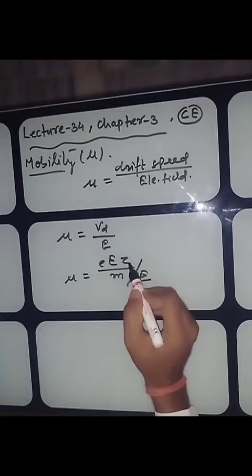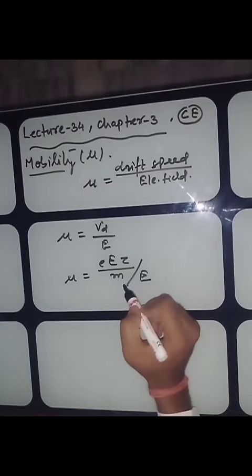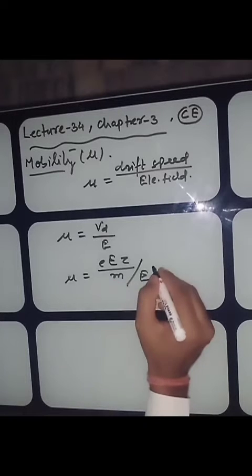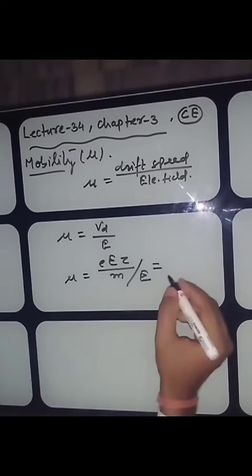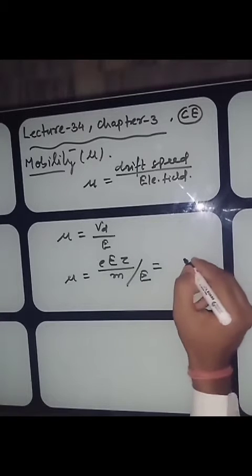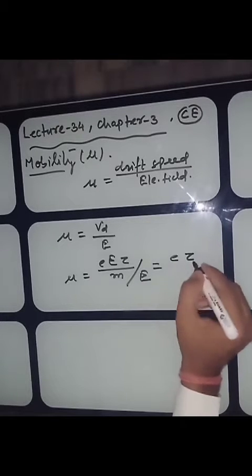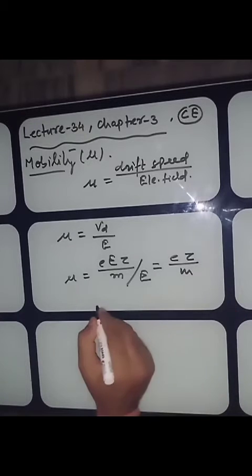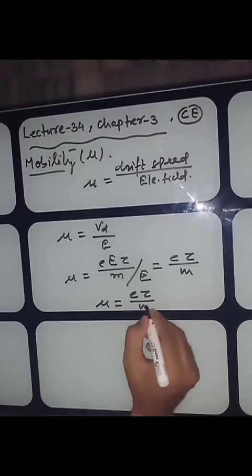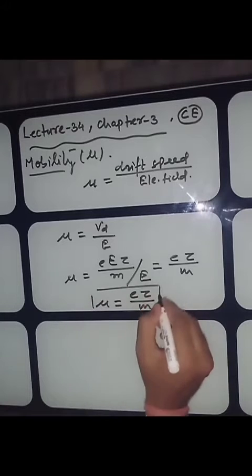Tau is the relaxation time, m is the mass of an electron, and E again is that same electric field. This will cancel out, and then you will have the final simple formula of mobility as e tau by m. This is the mobility, my dear students.